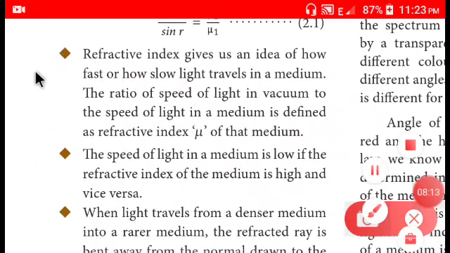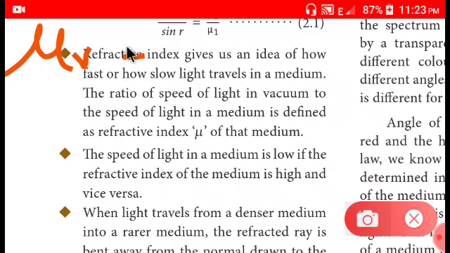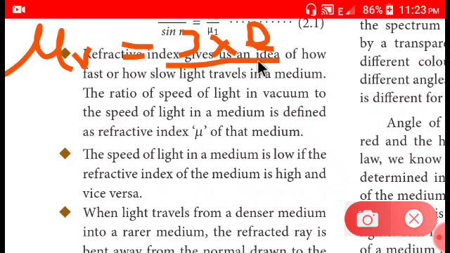For more clarity, we can first find the refractive index of vacuum. The formula says the ratio of speed of light in vacuum, 3 into 10 power 8, to the speed of light in a medium.